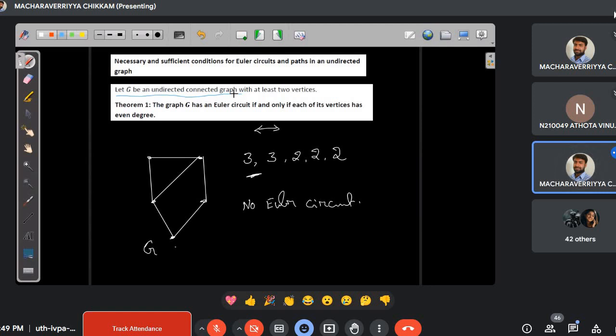That's it. So you can take a multigraph also. They didn't say the graph must be simple. If it were only applicable for a simple graph, then they would have mentioned that.